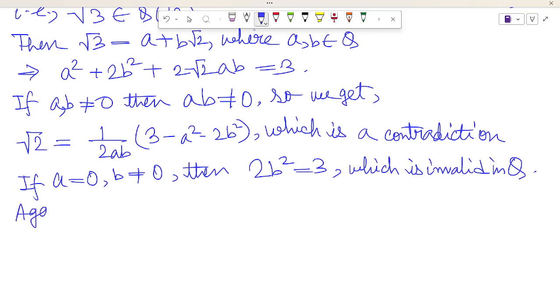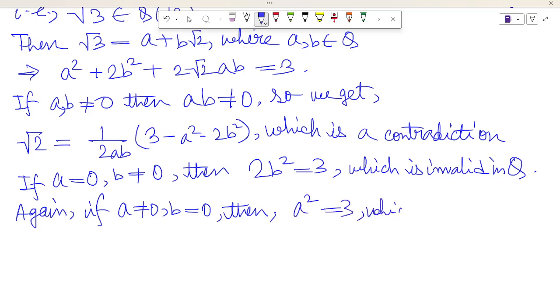Again, if a not equal to 0 and b equal to 0, then we get a square equal to 3, which is again invalid, a equal to root 3, because we took a from Q.